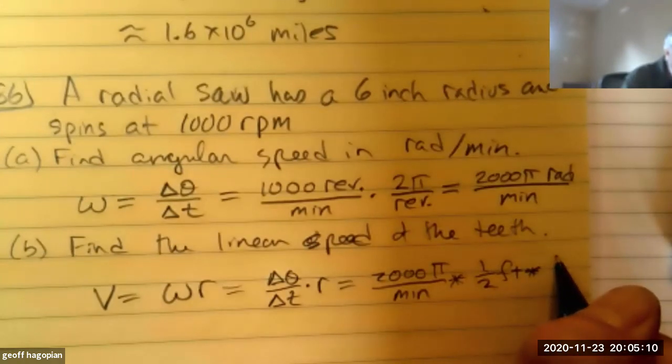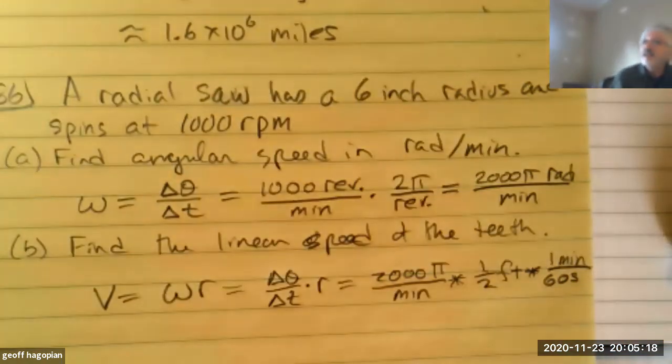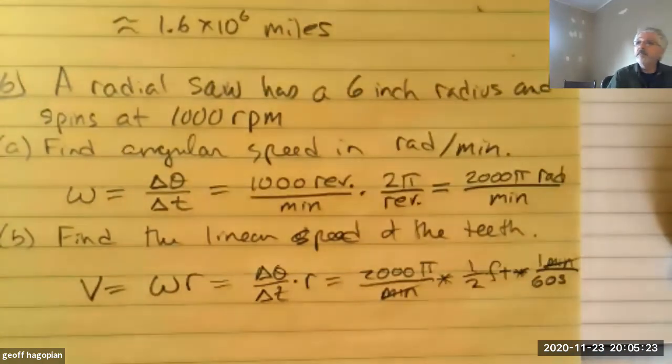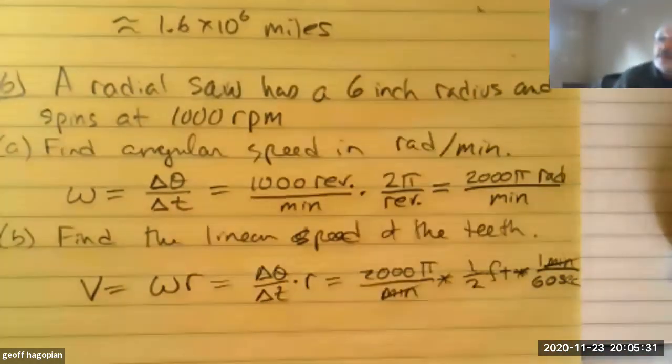So 1 minute equals 60 seconds, doesn't it? Notice that the minutes are canceling out here. I've got minutes in the numerator and minutes in the denominator. So that cancels out, and that's 60 seconds.